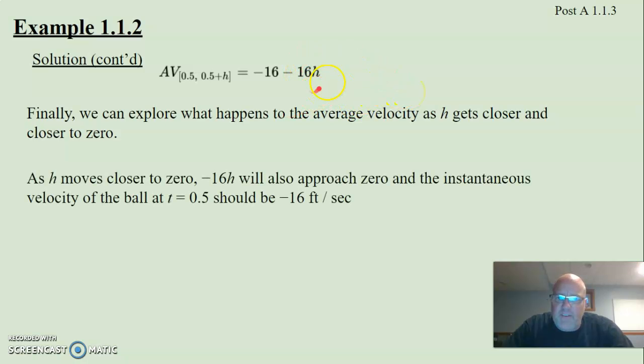So what happens is this 16h becomes incredibly small. So small that we don't even care about it anymore. And so we can say the instantaneous velocity at t equals 0.5, it's our conjecture right now, that as h gets really, really close to 0, the instantaneous velocity at 0.5 is going to be negative 16 feet per second. And that's how these problems work.